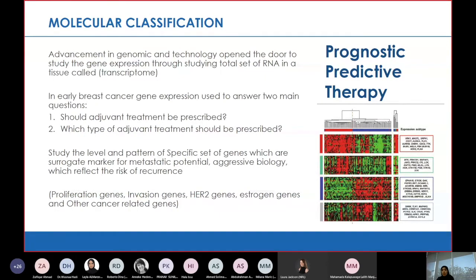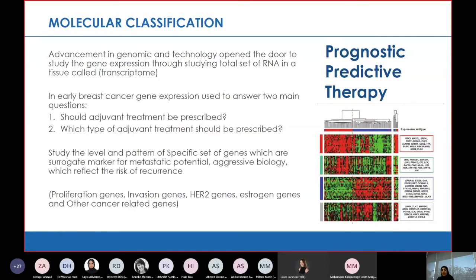And gene expression is used to answer two main questions raised by our oncologist colleagues, especially for early breast cancer patients: should adjuvant treatment be prescribed, and which type of adjuvant treatment? Is it chemo or just hormonal therapy? So studying gene expression through a certain set of genes, which are surrogate markers for metastatic potential and aggressive biology, will reflect the risk of recurrence.